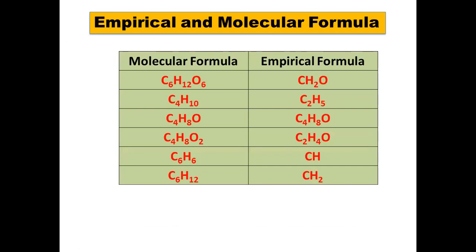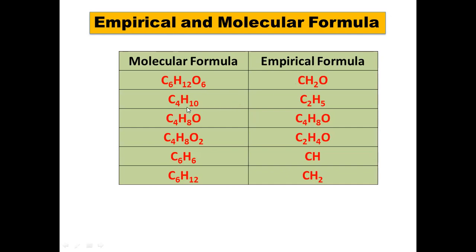Here are some examples of the common differentiation between the empirical and molecular formula. For example, the molecular formula for this molecule is C6H12O6, whereas the empirical formula is CH2O.